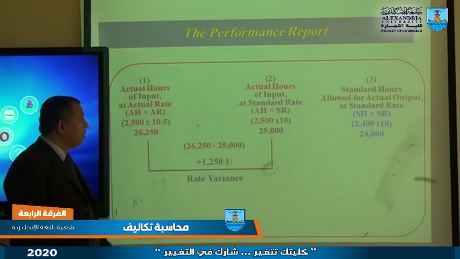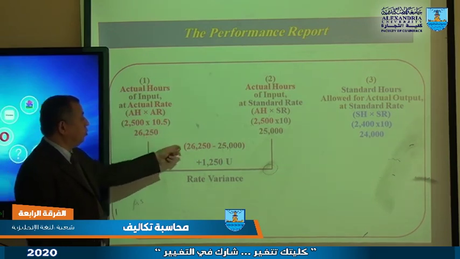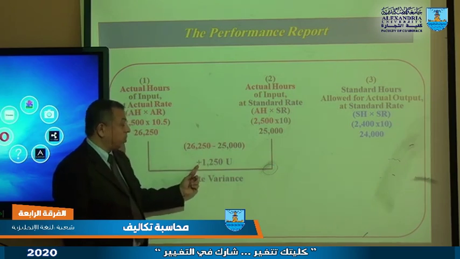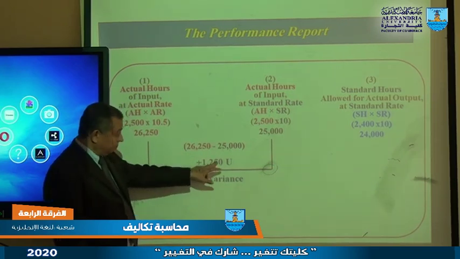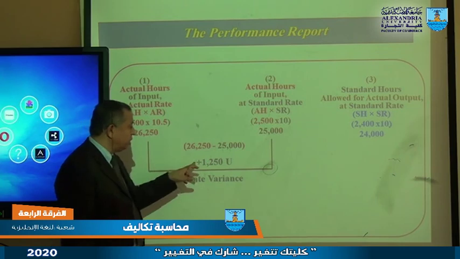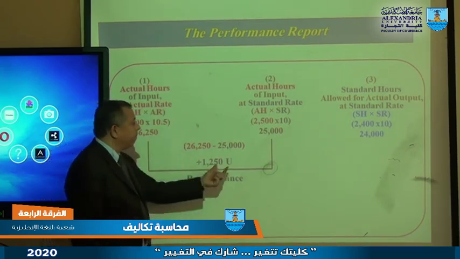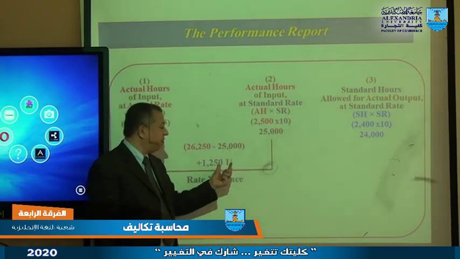And the amount, the difference between 1 and 2, is 26 minus 25, so 1,250. Because 26 is more than 25, it is positive, meaning actual is more than standard, so it is unfavorable.